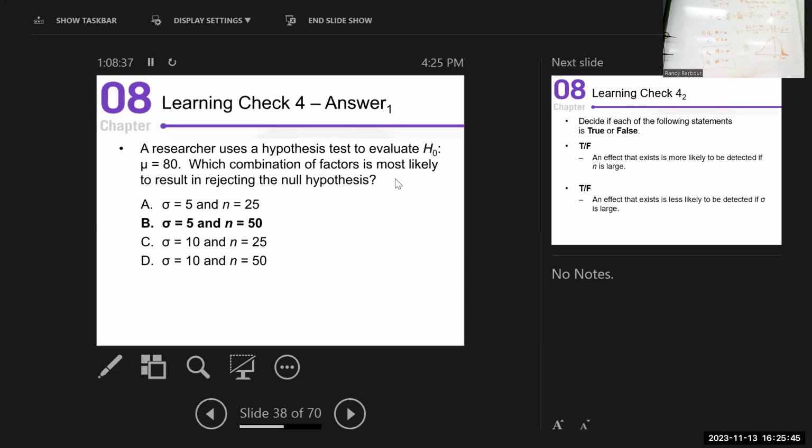So the larger your z-score, the larger the likelihood it's going to fall somewhere into these regions.